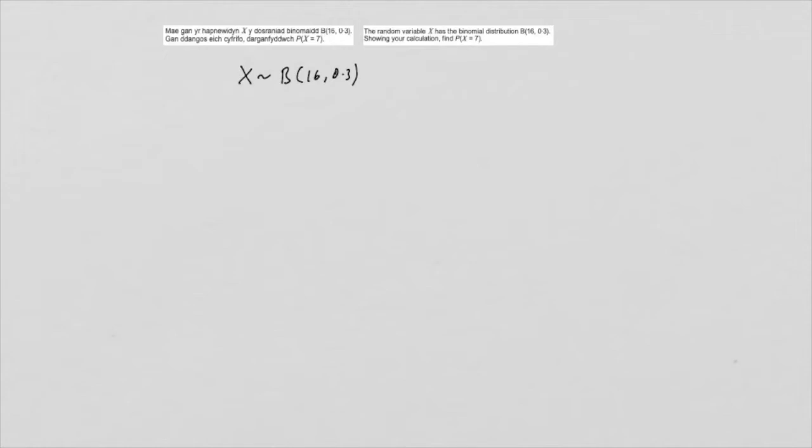Well, if we write the general binomial distribution, it's B(n, p), and n is the number of trials or number of events, and p is the probability of success in each event. So in this case we can see that n is equal to 16 and p is equal to 0.3.